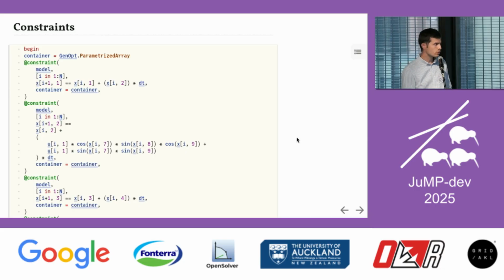Again, the other constraints you can do similarly. The only thing you have to change is the container. Essentially, if you change this container to containers equal array, then you get the typical JuMP model that you would get. You just have to change the type of the container, and suddenly, instead of creating different constraints, it creates groups of constraints.